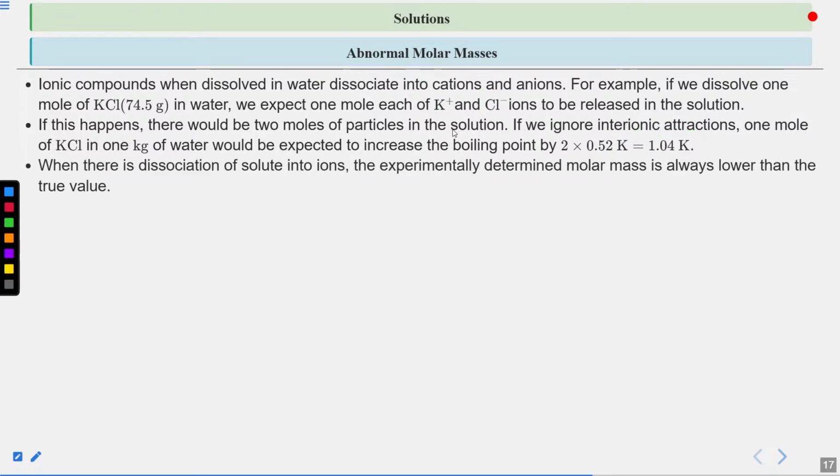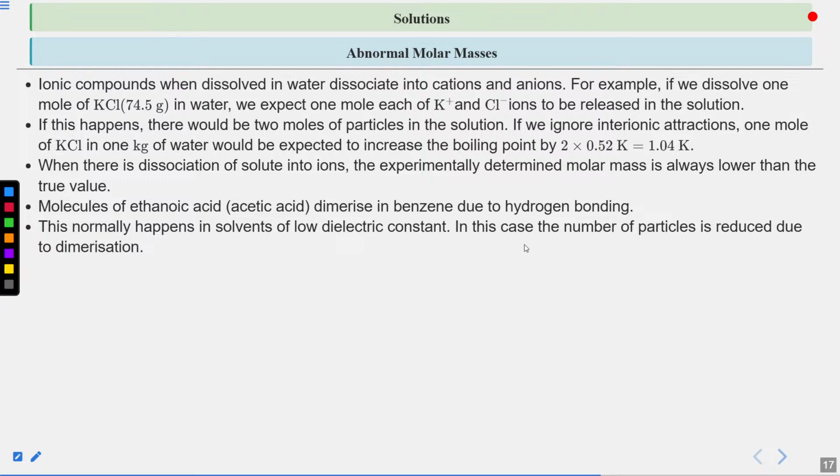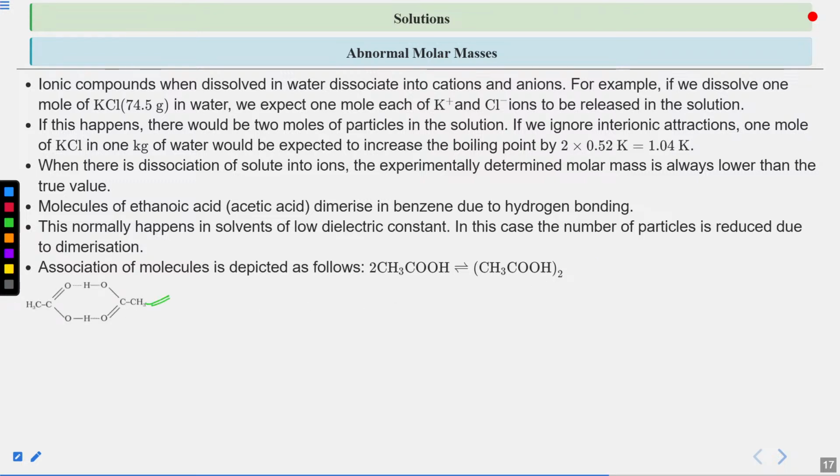So remember students that due to this increase in the number of solute particles, the molar mass is always lower than the true value. Similarly, in the case of benzene, there is an association due to hydrogen bonding, and as a result, there is a decrease in the number of particles due to this dimerization, and hence this equation can be written for this dimerization, and this is your dimerized molecule.